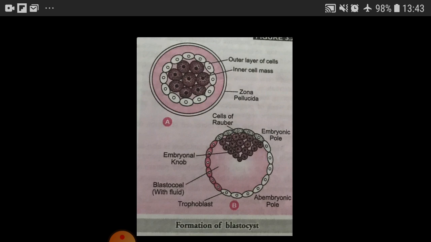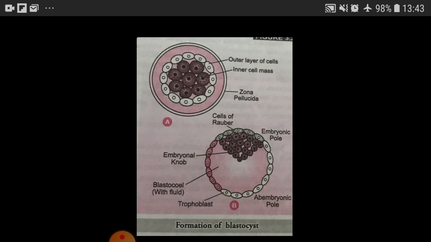The side of the blastocyst to which the embryonal knob is attached is known as the embryonic or animal pole, and the opposite side is the abembryonic pole. So one is the embryonic pole, the other is the abembryonic pole. The trophoblast does not take part in the formation of the embryo proper.